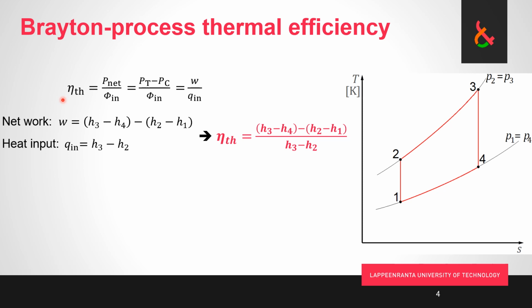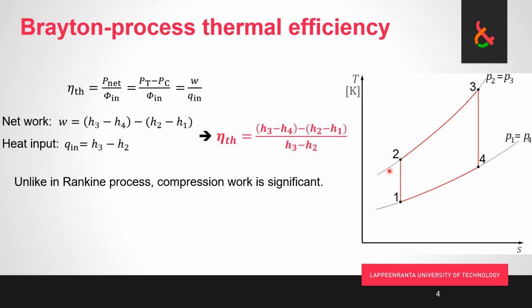So enthalpy difference over the turbine, enthalpy here minus enthalpy here, minus the enthalpy difference between 2 and 1, that is the specific network of the compressor. The difference of these is the specific net work of the whole process. And specific heat input is the enthalpy difference between point 3 and point 2. This is where we bring heat into the process.